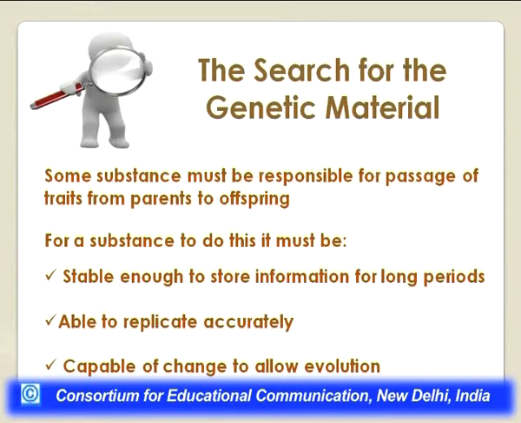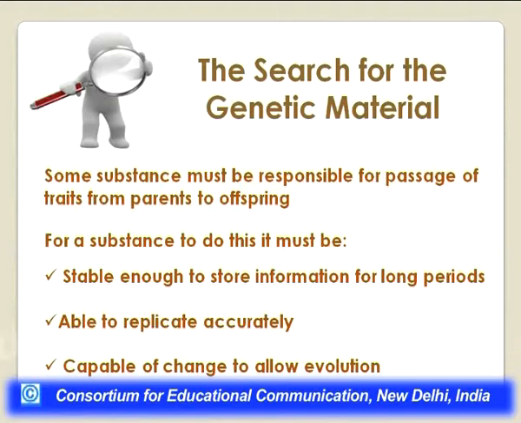That is, because it has to be inherited from one generation to another, it must hold the information and it must also transmit this information. It must be able to replicate accurately. That is, it must make copies of itself which can be passed on to the next generation. And it must be capable of change to allow evolution. Now you understand that variations inside the DNA lead to the larger process, which is basically evolution.